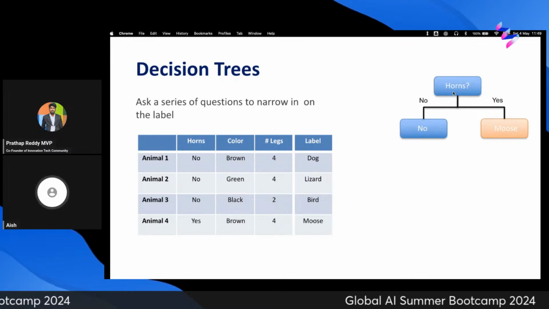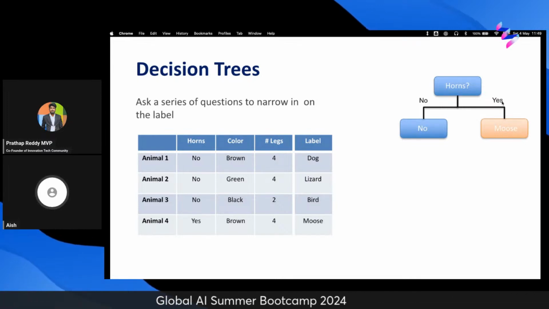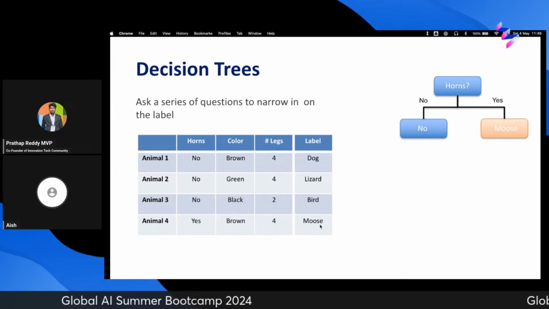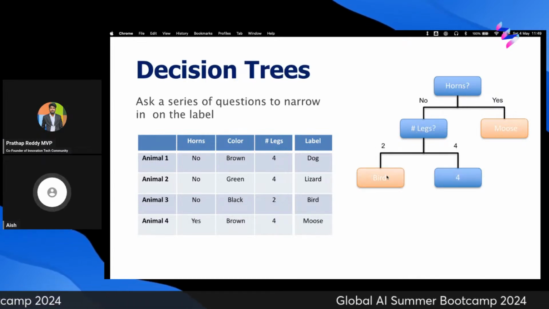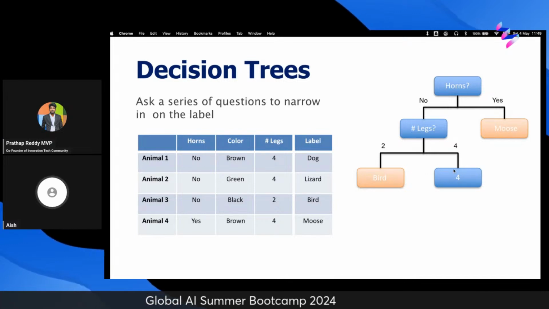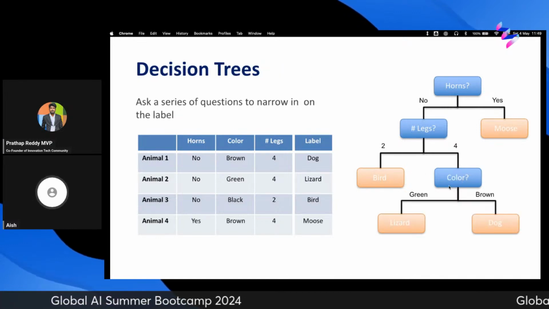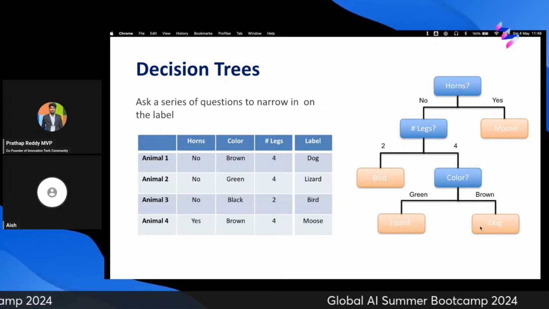So you ask, is my new animal having horns? If it does have horns, then it's a moose. Then how many legs does it have? If it has 2 legs, then it's a bird. If it has 4, then we need to ask more questions. Then finally you ask what color it is, and based on it you predict what animal it really was.